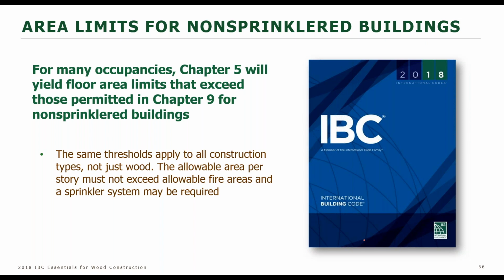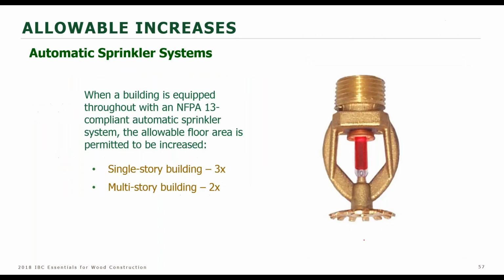However, chapter 9 may say you get up to 12,000 square feet, you have to have sprinklers, even for groups M, S, and so forth, not just R. So just be aware that you have to check chapter 9 at all times when you do this, because sprinklers, by the way, give you significant increases in building size.